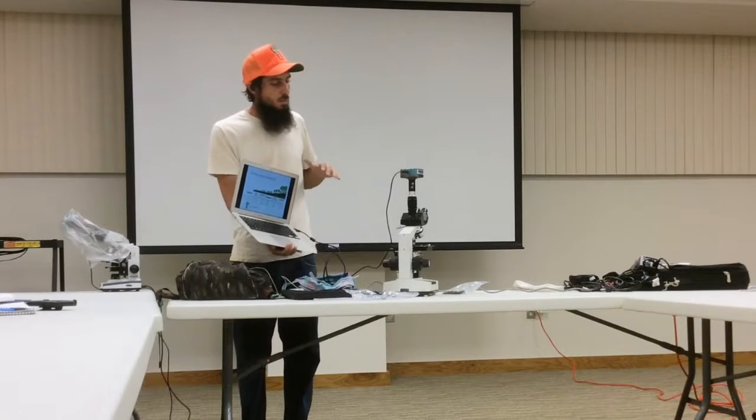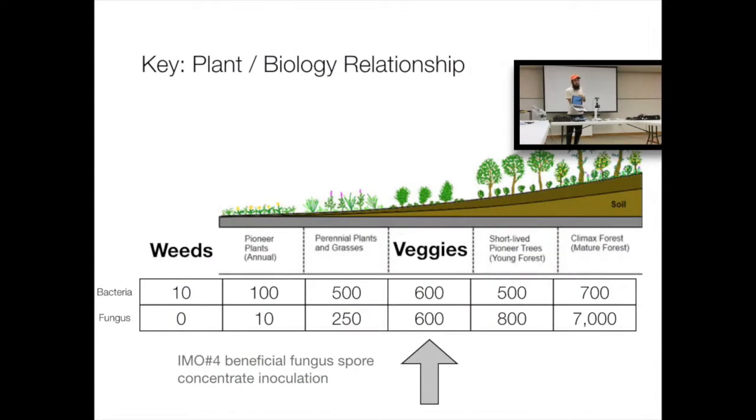This is the basic theory of why you would use the microscope: if you take a soil sample and you only find bacteria, that really only harbors weeds. Plants that live in bacterial-oriented soil are weeds. When you start to change your fungus and bacteria ratio, different plants grow.